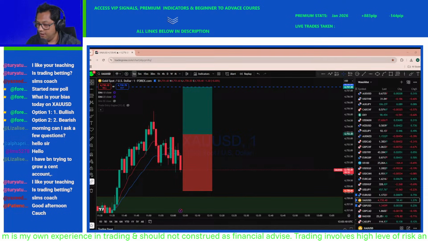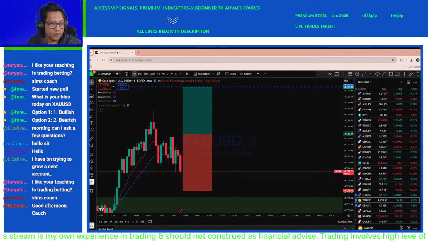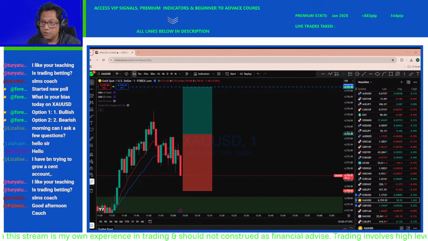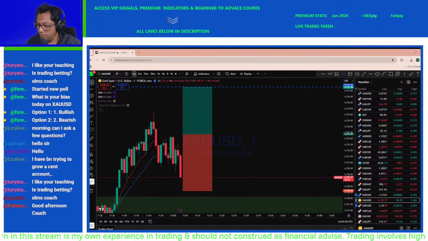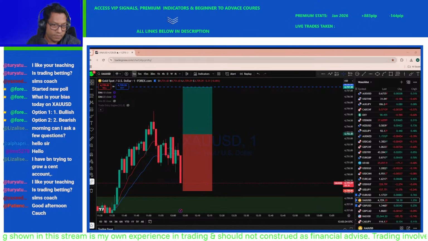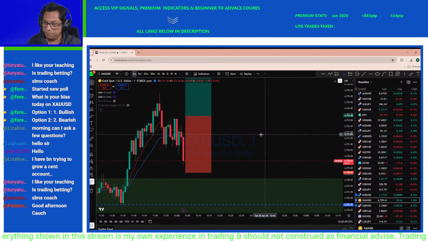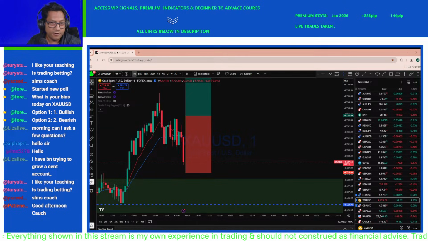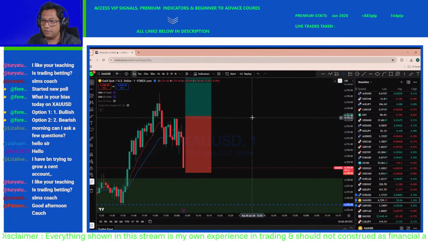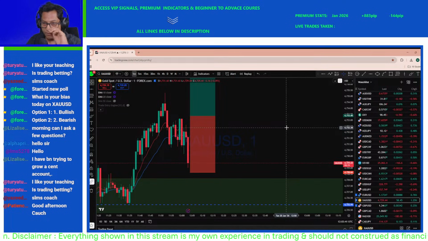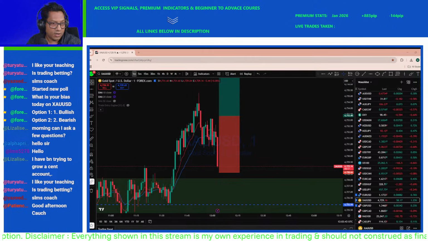We will not be entering any trade on the downside, though you see there is downside momentum here. This is a buy stop order that I'm placing.